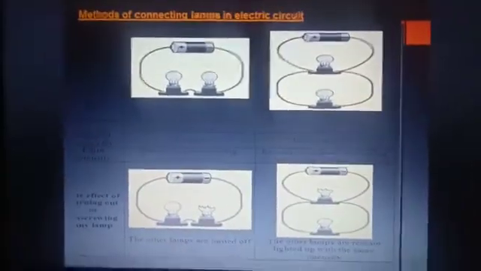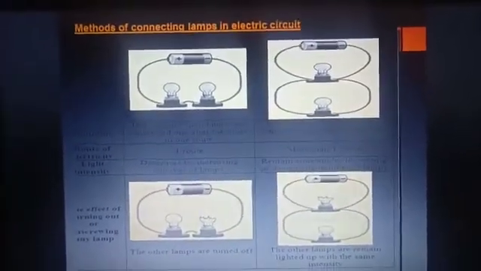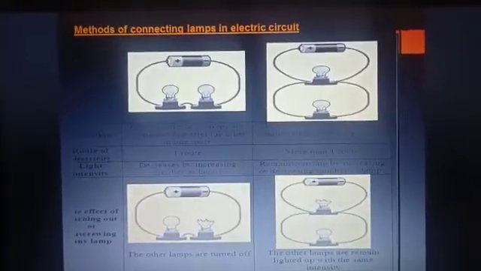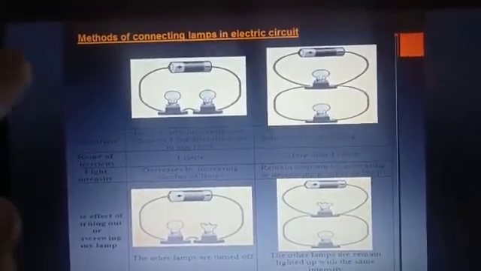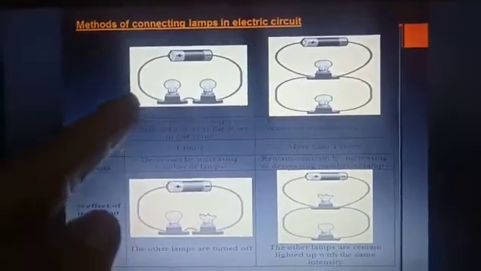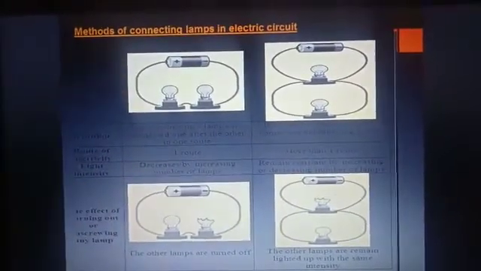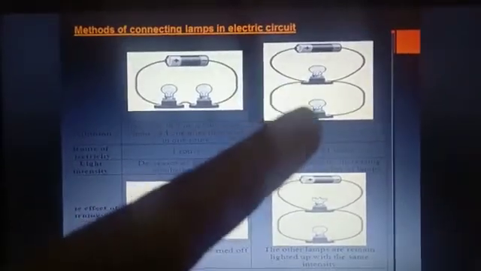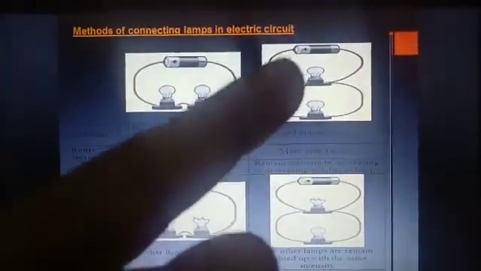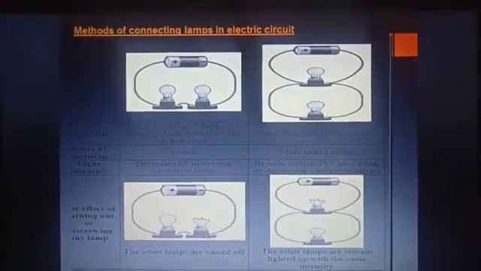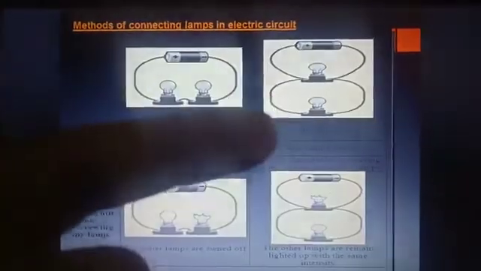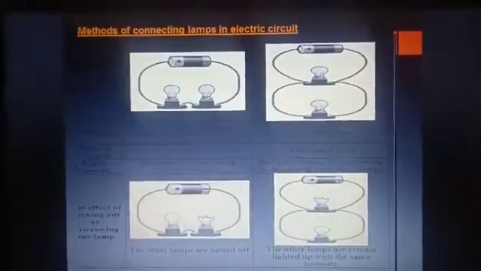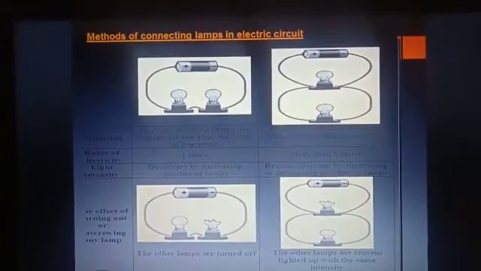Route means wire. So in series connection, the lamps are connected one by one, by one wire. In parallel connection, the lamps are connected in branching routes. It means that each lamp has its own route.